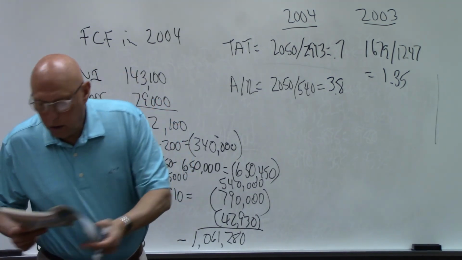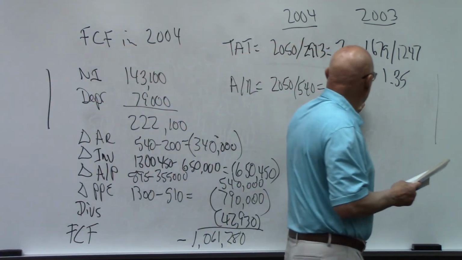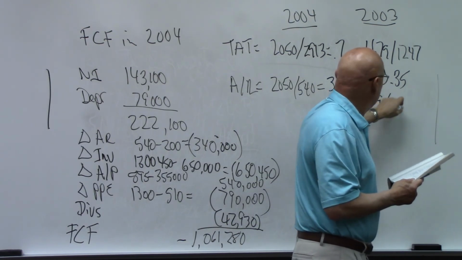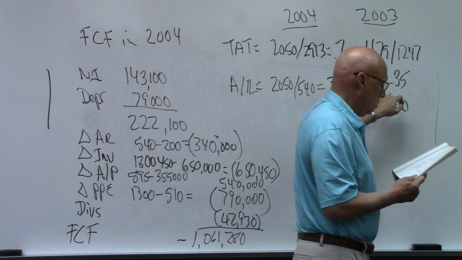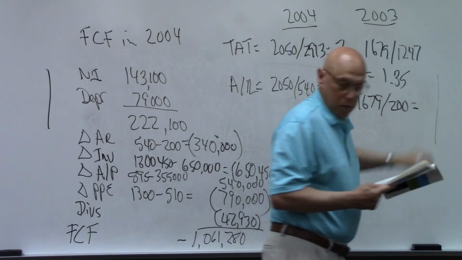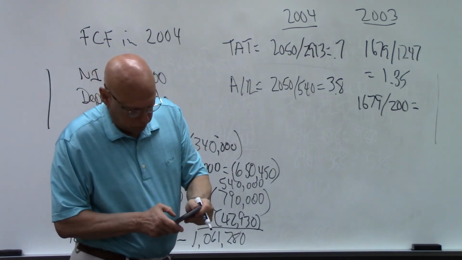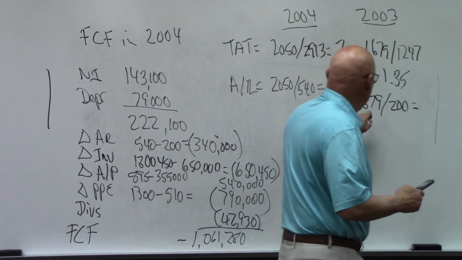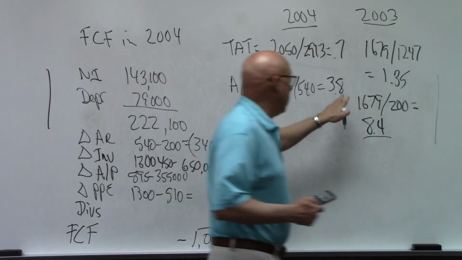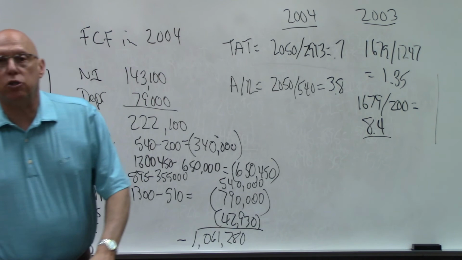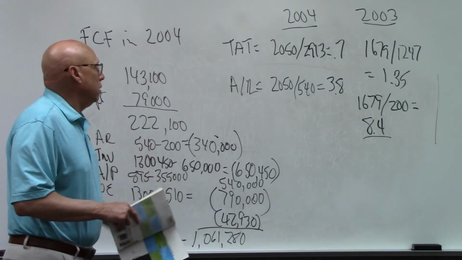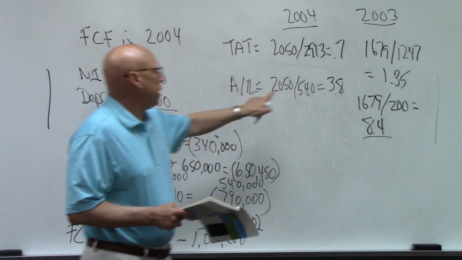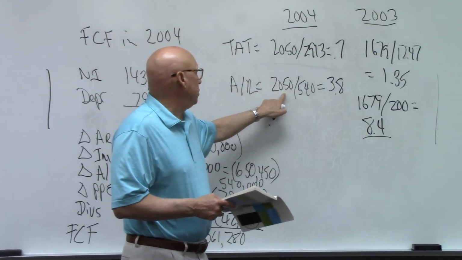And it was 1679 divided by 200. And we get 8.4. All right, so we got a big problem. They must have changed the terms of their accounts receivable, because they're not collecting their accounts receivable nearly quickly enough. So they've let accounts receivable run up, sales haven't run up as much.